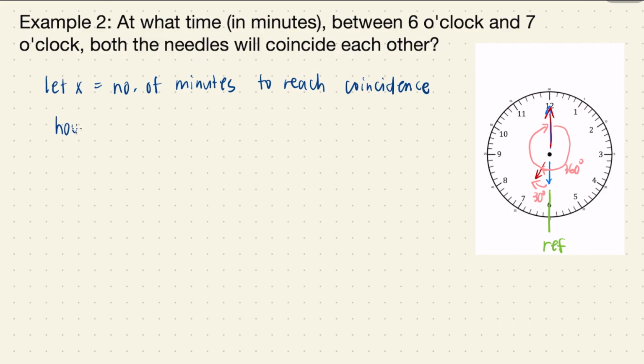Okay, the hour hand basically moves at 30 degrees per 1 hour, or 30 degrees per 60 minutes. Okay, so if we simplify this, this will be 1 degree per 2 minutes.